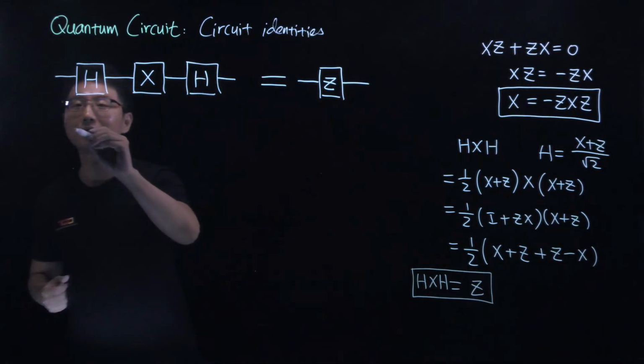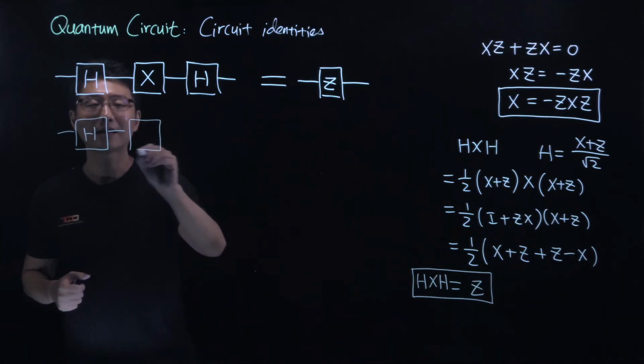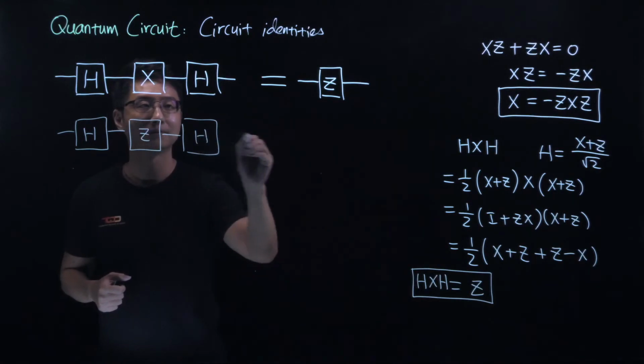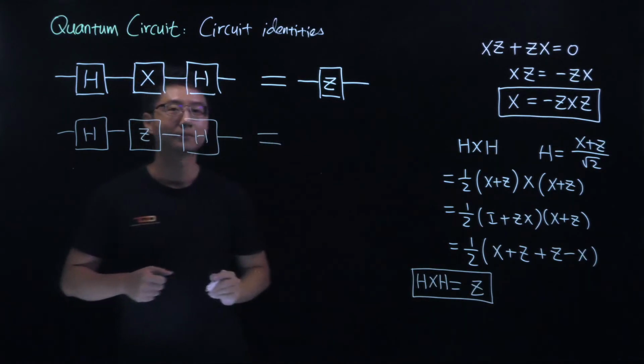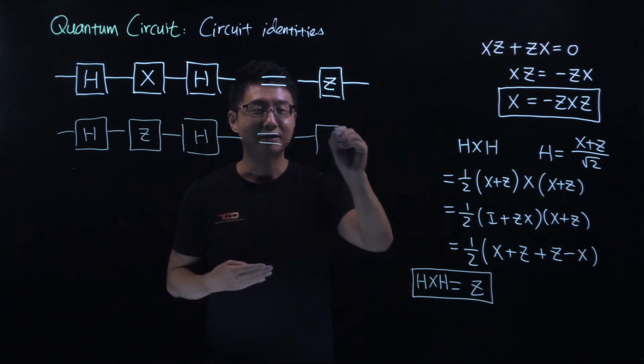As another simple exercise, let's find out what happens if I have a Hadamard followed by a Z gate followed by another Hadamard gate. Repeating this calculation, you can see that this is just equivalent to an X gate.